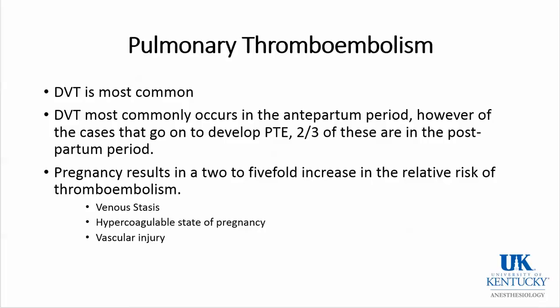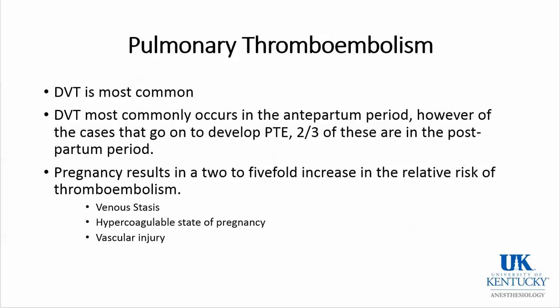Important to note is that during the first 48 hours after delivery, you get decreased fibrinolytic activity, but coagulation activity does not see that same decrease. Therefore, you get a very large imbalance, contributing to an increased risk of pulmonary thromboembolism.